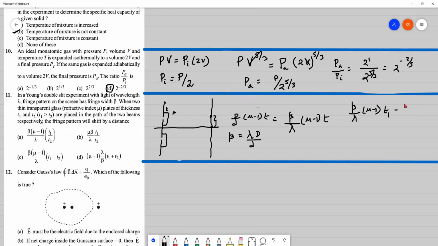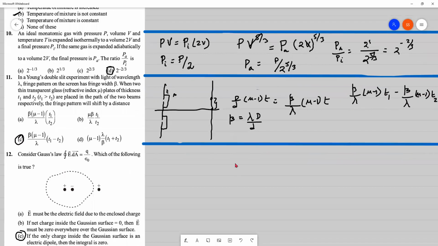So that is why I am doing T1 minus T2. So this is the final answer. Beta by lambda into (mu minus 1), you can take it common outside, so it should be T1 minus T2. So this should be the right answer.